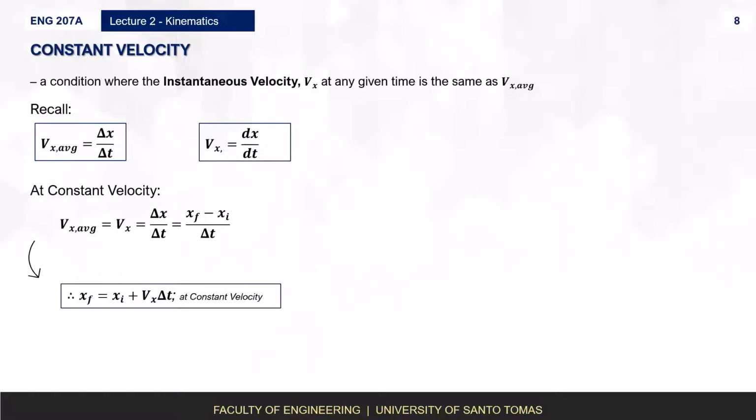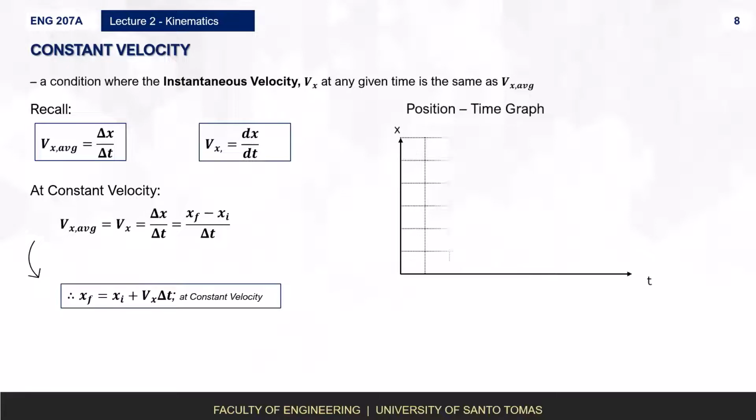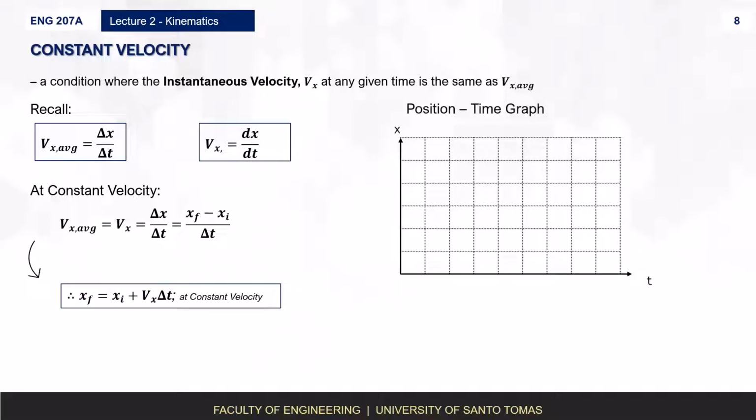Rearranging the equation, we can also write it such that the final position is equal to the sum of the initial position and the product of constant velocity and change in time. You would know if you have a constant velocity when your position-time graph yields a slope that is the same at any point in the line.